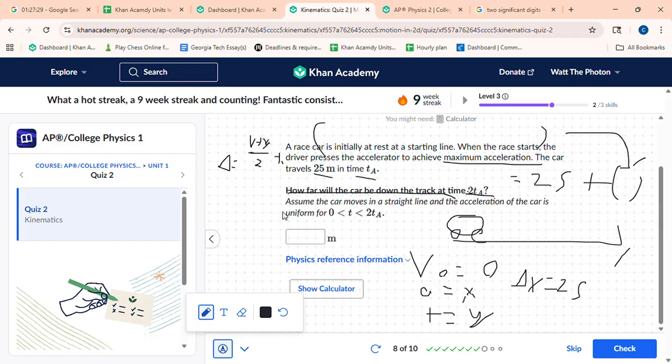So v naught is equal to 0. Delta x is equal to 1/2 a times 10 squared, 10 being our time, just an arbitrary number. 25 equals 50 over 100 a, so a is equal to 1/2.